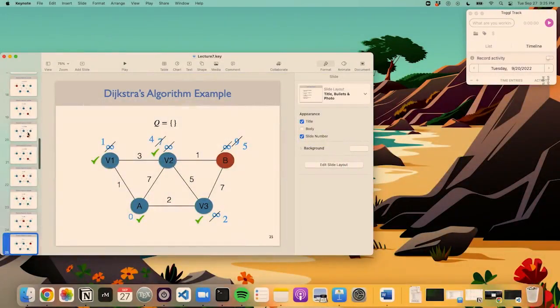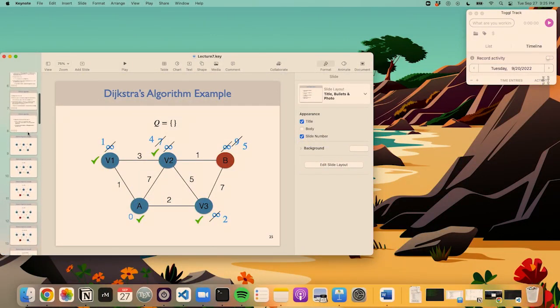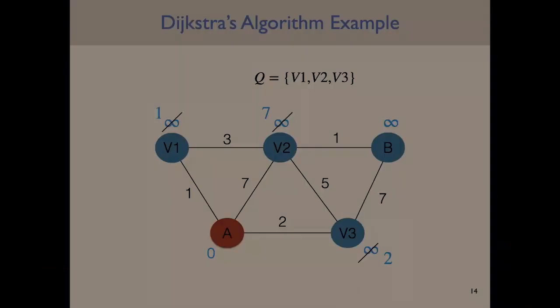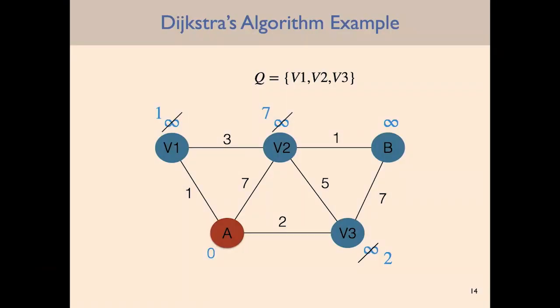Let me see. I think it's like 15. Okay, 14, 15. Yeah, so here, we marked A as a dead vertex. So we have these three vertices in the queue, V1, V2, V3.